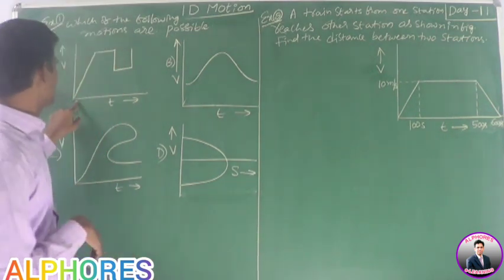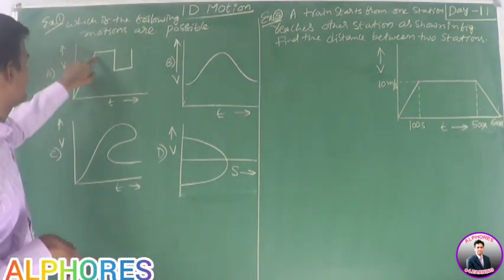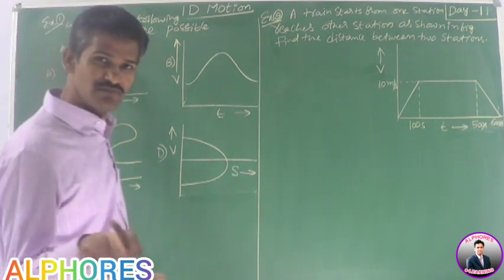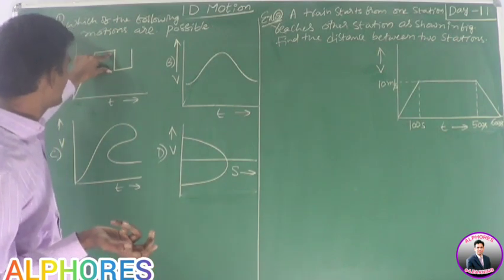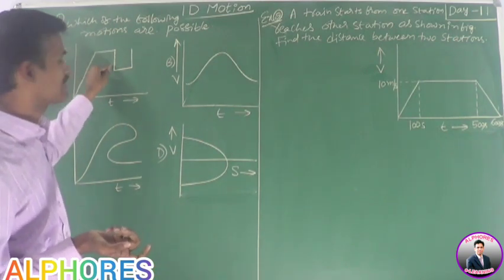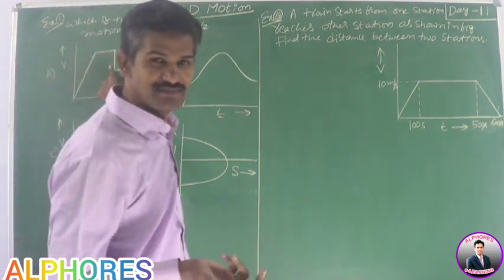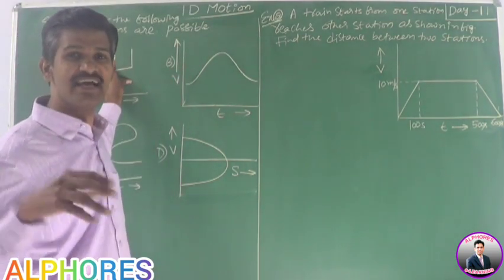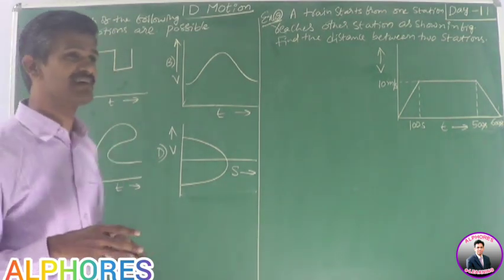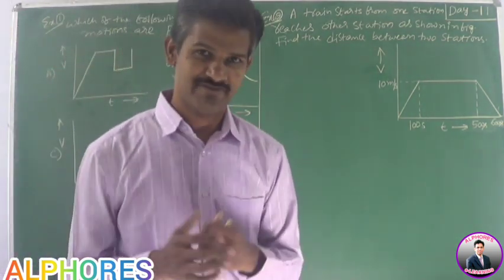It has some acceleration here, and here the slope is 0, so acceleration is 0. But here this line is parallel to the velocity axis. Here the slope is infinite. As the slope is infinite, its acceleration is also infinite. So infinite acceleration is not possible in real life.